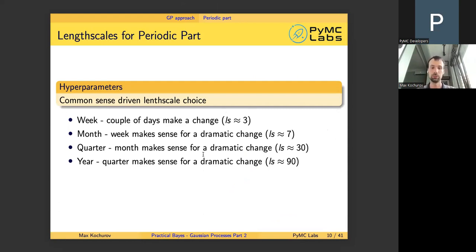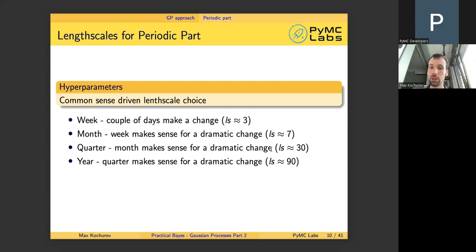Usually, for weeks, you get 3 days. For month, you get 7 days. For quarter, it is 1 month. For year, it is 1 quarter. There is little to be more specific. Mostly, it should be like this.